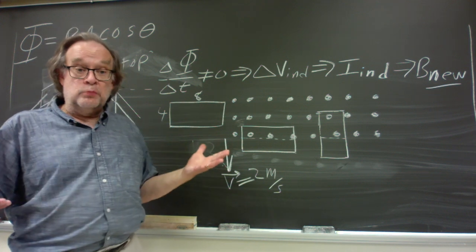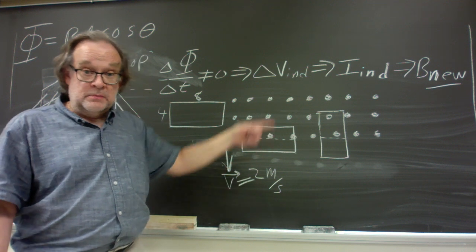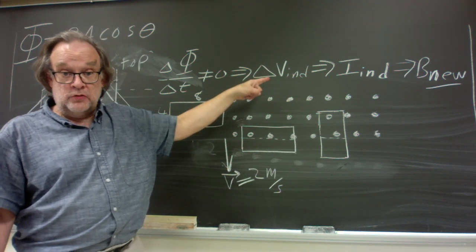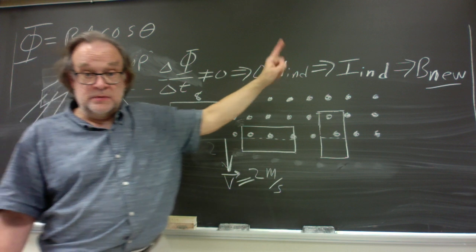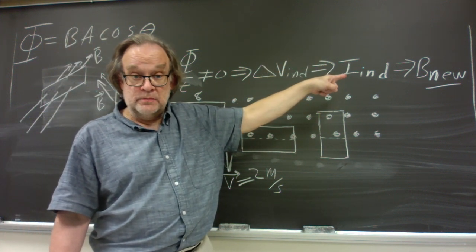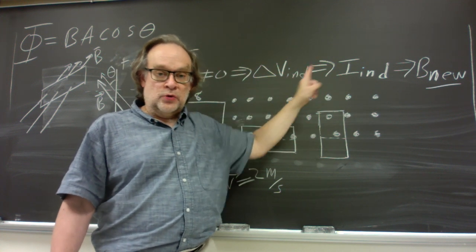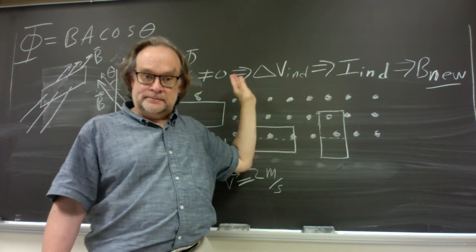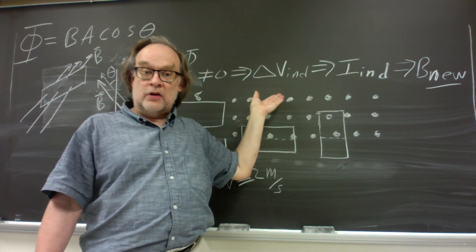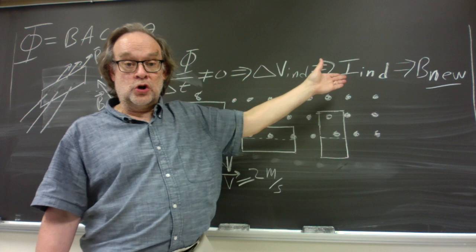Now, instead of just a loop of wire, it becomes an actual circuit with current, because when you have a potential difference, it starts pushing around current. You must have a potential difference in order to have current, but as long as you have potential difference, that's enough to give you current.